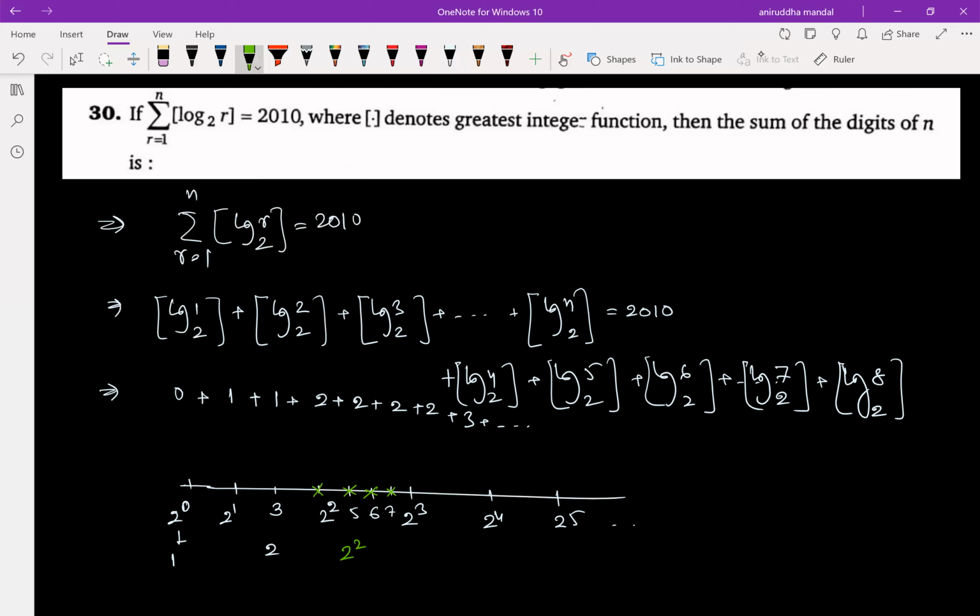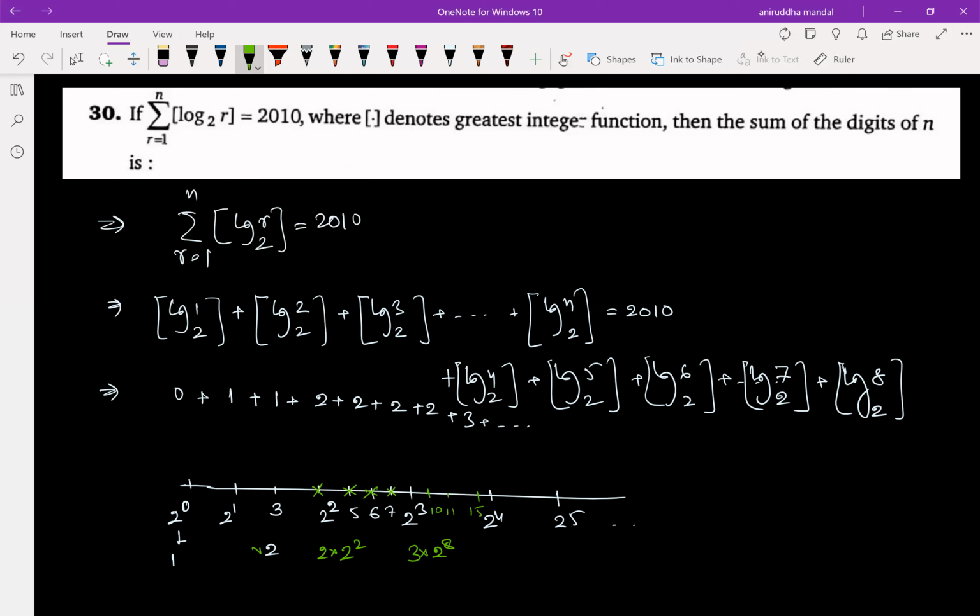Similarly, if we observe the pattern, for 2 cubed we have 3 here, and up to 2 to the power 4, which is 16. So we have 9, 10, 11, up to 15, and 16. We have a total of 8 numbers, and the value is 3. Similarly, we have 4 numbers, and that is 2.